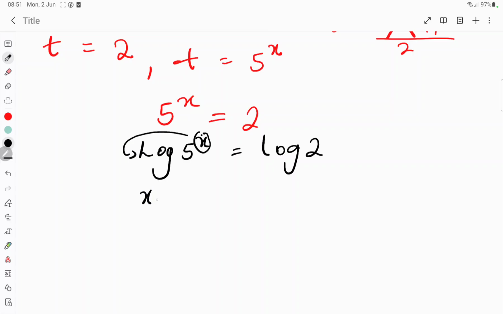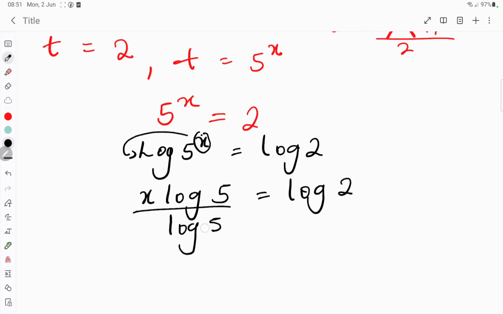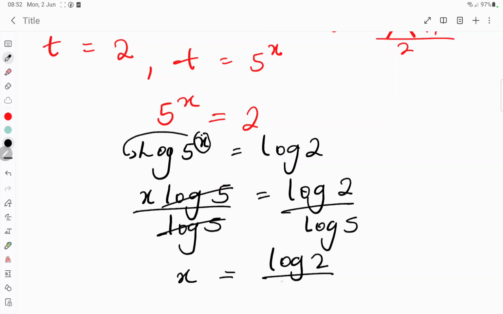So we have it as x log 5 is equals to log 2. What's the next thing to do? We divide through by what? Log 5, and divide through by log 5. If you divide by log 5, you see that x is equals to log 2 over log 5.